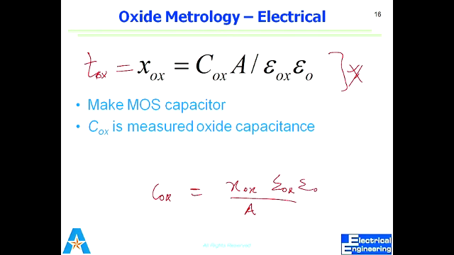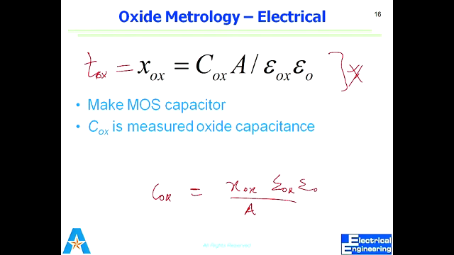Once you know the C oxide, you can find out the thickness, or if you know the thickness, you can find out the C oxide. So in the lab, we will use the same formula. You should know about the area. Area depends upon the structure of the capacitor that you have.